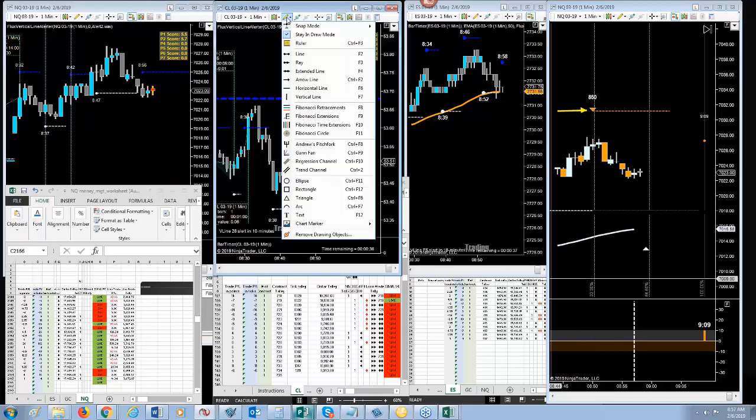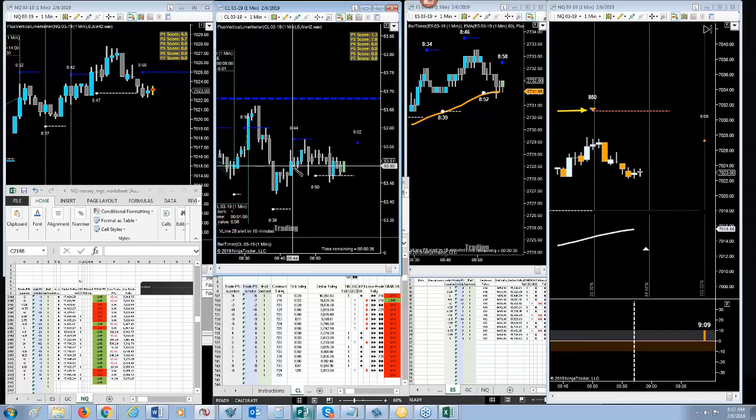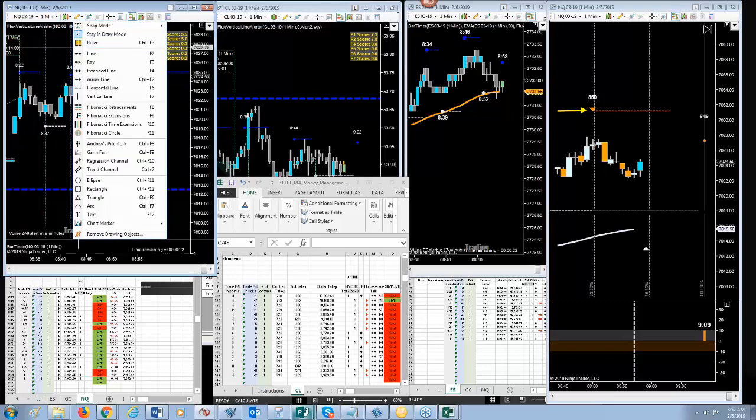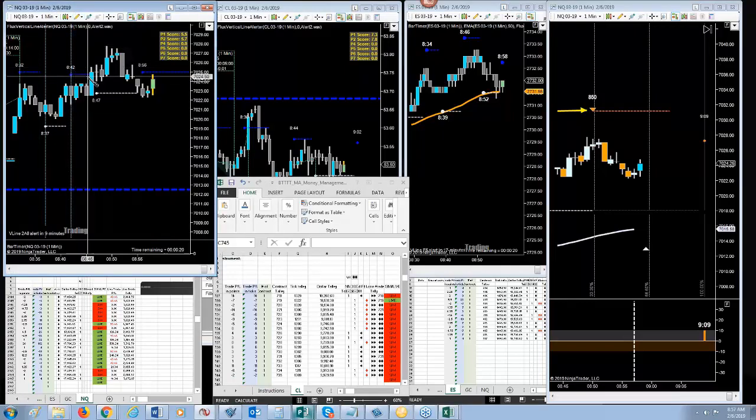Over on CL, it did not hit the stop, but it didn't really go anywhere. -2. And then over on the NQ, it did actually peter out and closed at our stop line, -2.